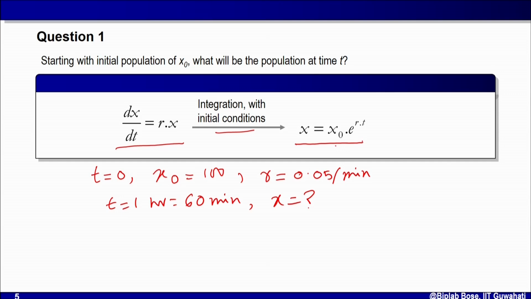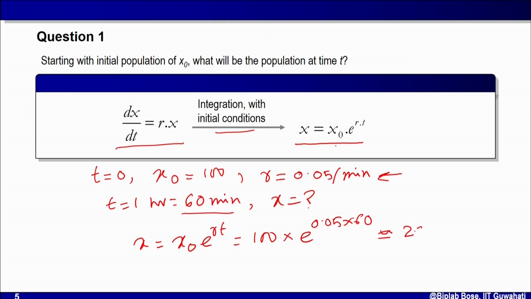So I put the values: x naught for me in this example is 100, into e to the power 0.05 into, remember, the time is 60 minutes. Because your r is in minute scale, I have converted 1 hour into 60 minutes. I have already done the calculation. This is approximately equivalent to 2008 cells.